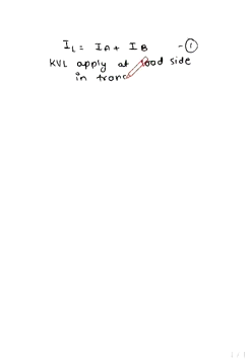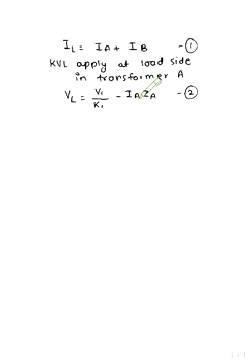If we apply KVL at the load side in transformer A, we will find VL is equal to V1 upon K1 minus IA into ZA, where K1 is the turns ratio.